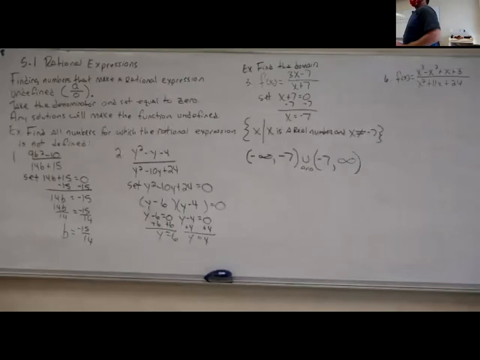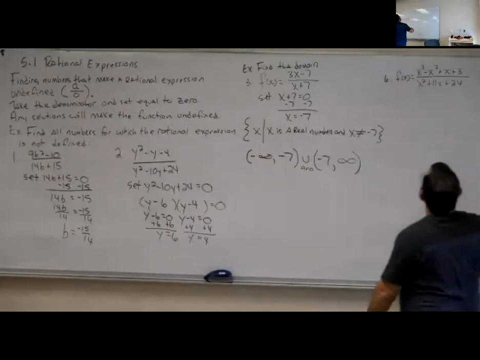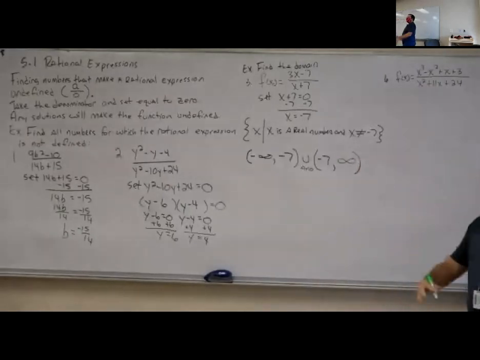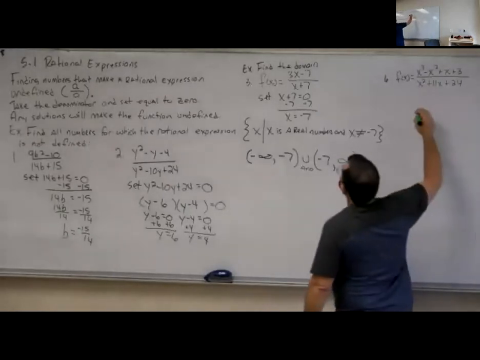I got an x squared in this one, which means we will have 2 numbers that we're going to have to kick out of our domain, okay? So I'll let these big exponents sort of tell me how many things I need. So I'm going to set that equal to 0.